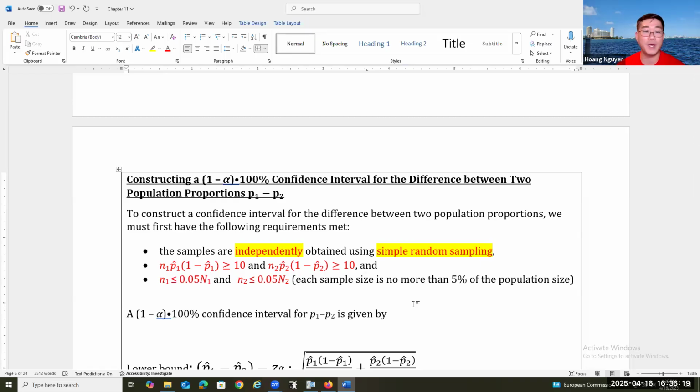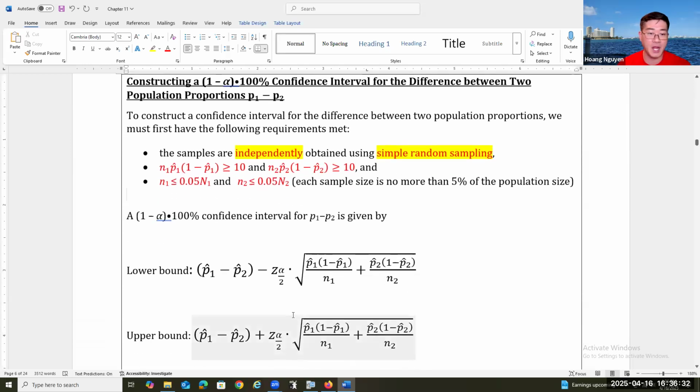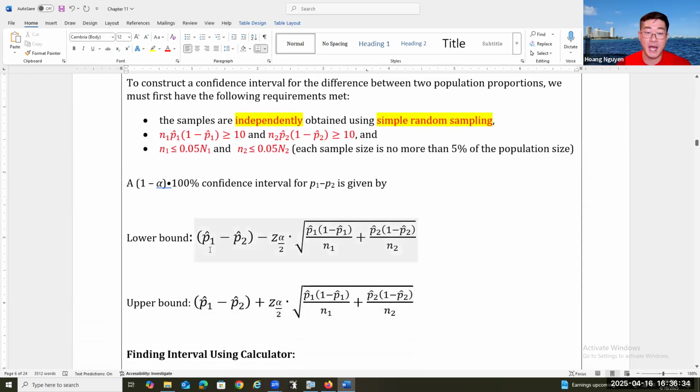So now after we check the requirements, if they are good, then we are ready to construct the confidence interval. The confidence interval will include the calculation for the lower bound. So we're going to take the point estimate, p1 hat minus p2 hat. This is the point estimate for the difference between the two population proportions, right?